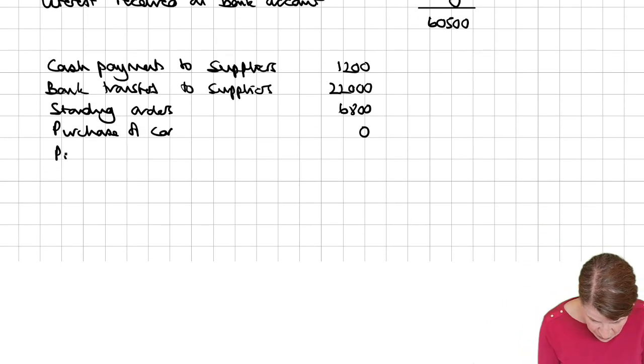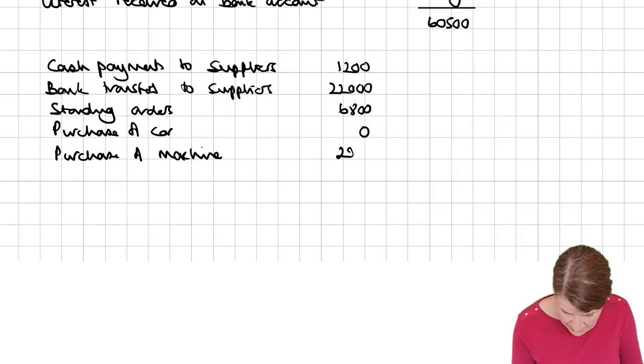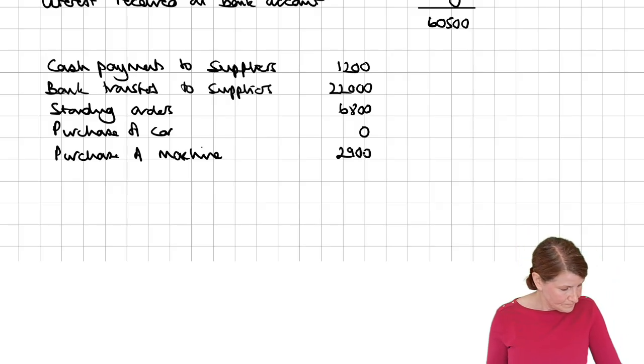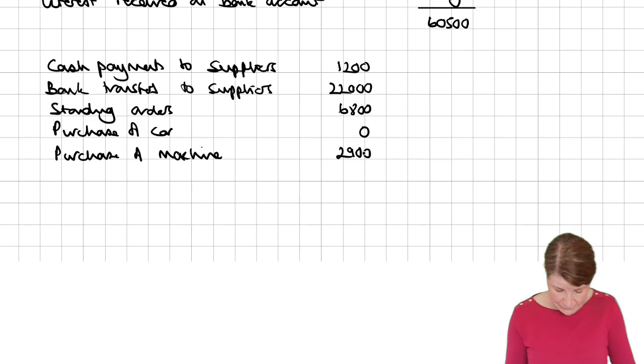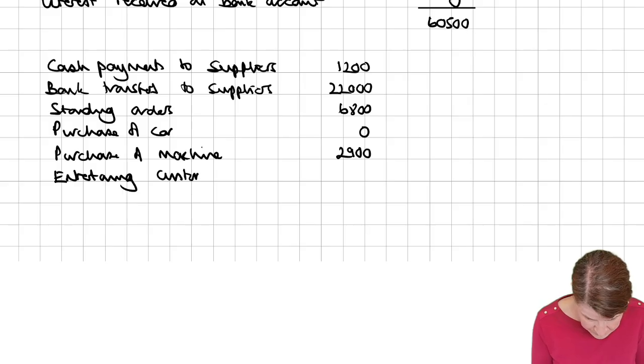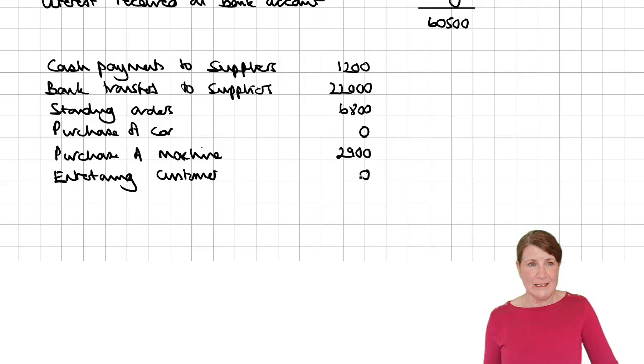So purchase of a machine, £2,900. Yeah, absolutely, that's fine. Payment for entertaining customer. No. So once again, I'm going to put a 0 to show that we cannot include that as part of our trading profits.